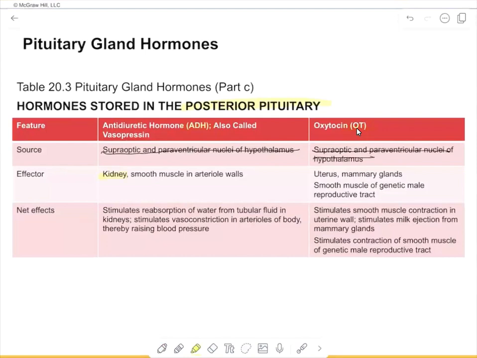So the kidney would be the target for the antidiuretic hormone, and the uterus and mammary glands would be the target for oxytocin. ADH is going to stimulate reabsorption of water from the tubular fluid, thus raising blood pressure. And oxytocin is going to stimulate smooth muscle contraction in the uterine wall. So contraction of the smooth muscle, also of the male reproductive tract.